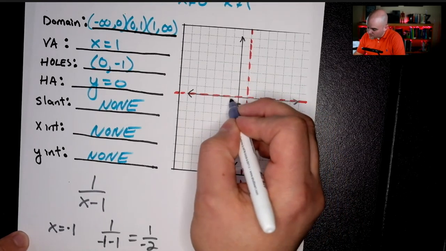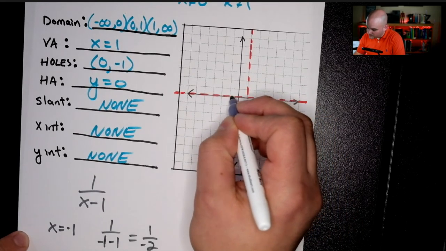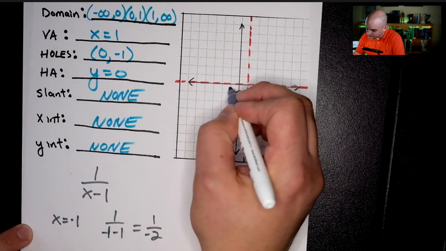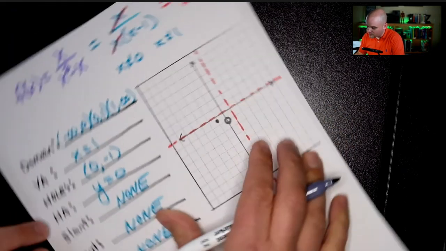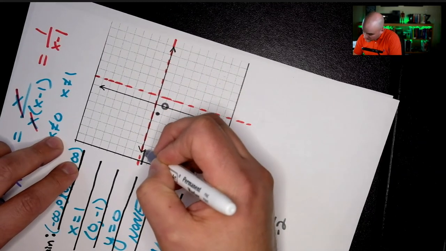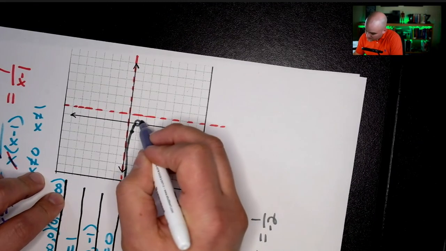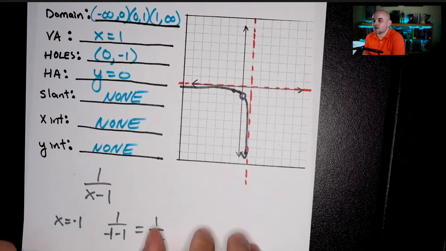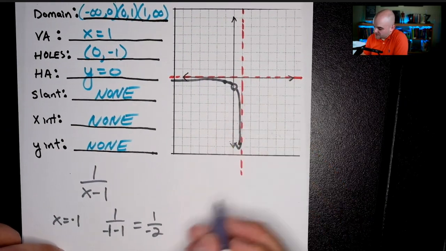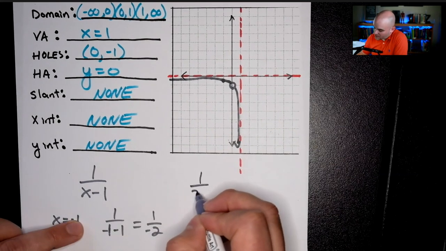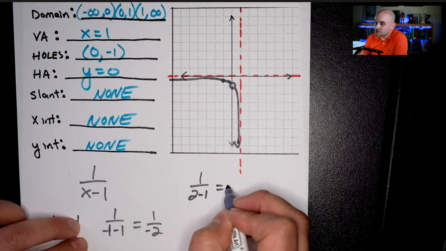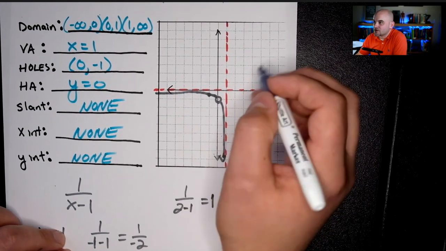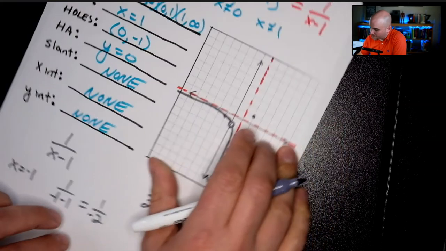So at -1, I'm at -1/2. I was like, that's not going to look like a curvy corner. And there we go. And then if I pick a point over here like +2 and put it into this thing, I get 1 over 2 minus 1, which equals 1. And so at 2, we're at 1 right here.